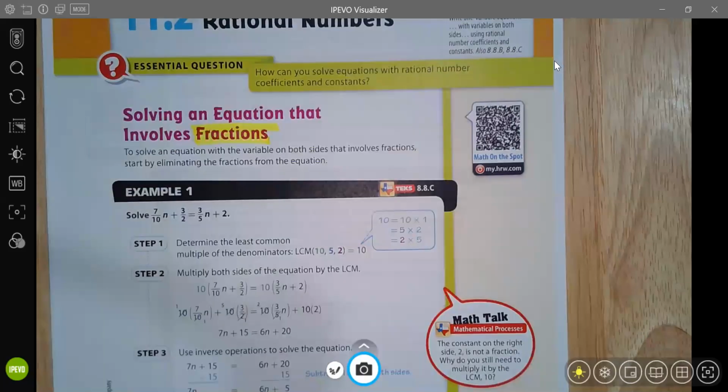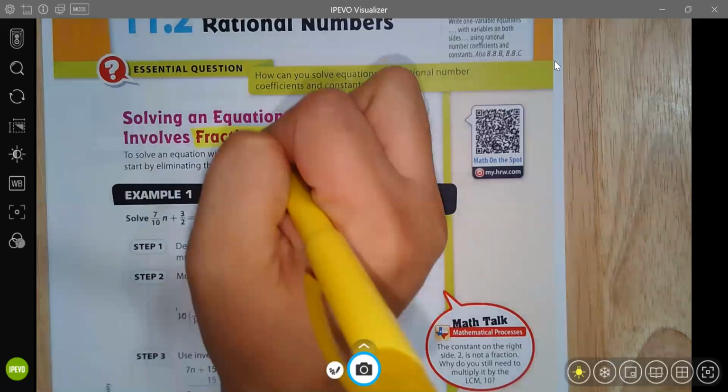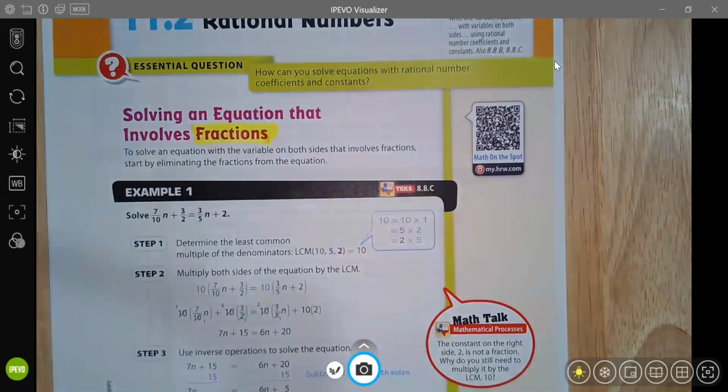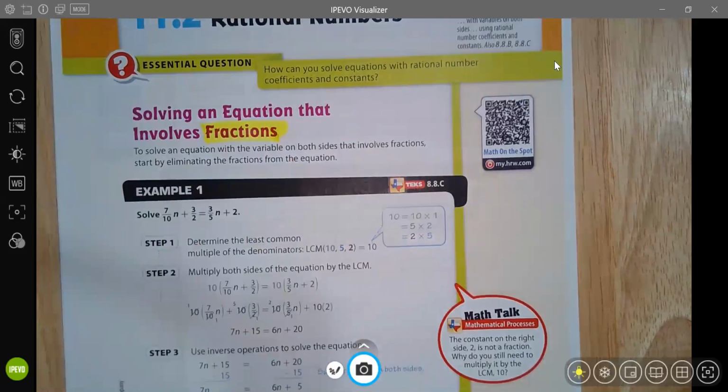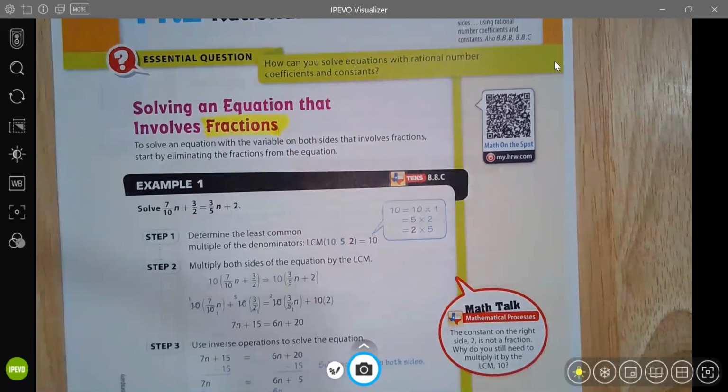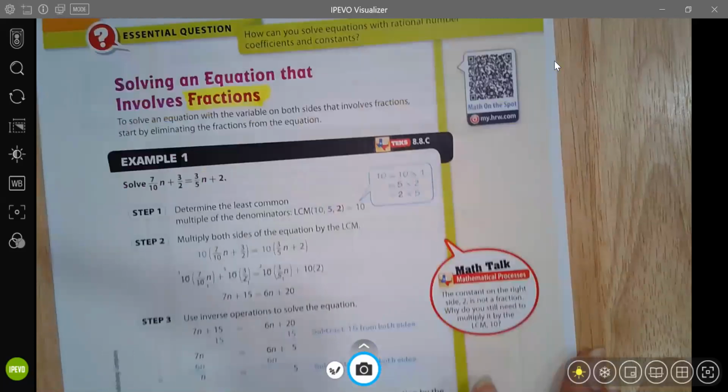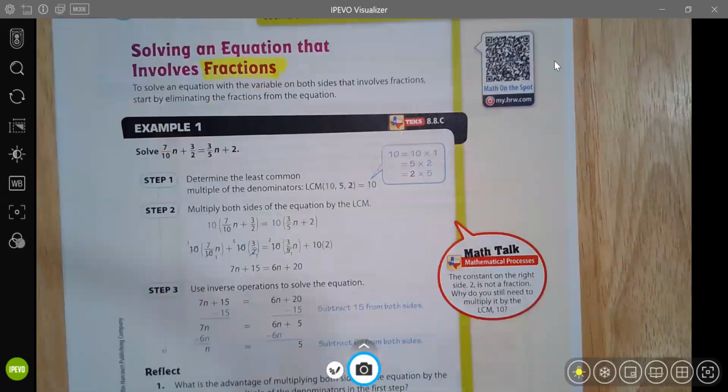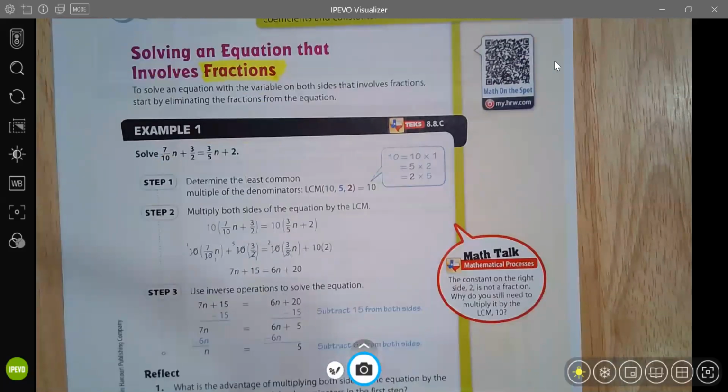Hopefully you understand fractions and know how to work with them. If not, I'm going to try to take this as easy as I can and make this flow a lot easier for you.